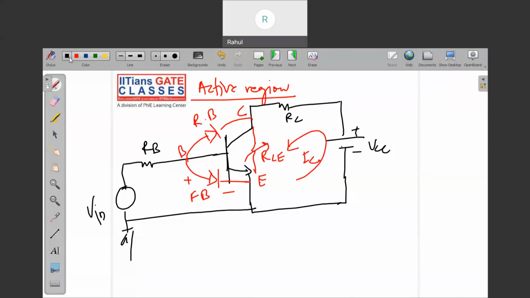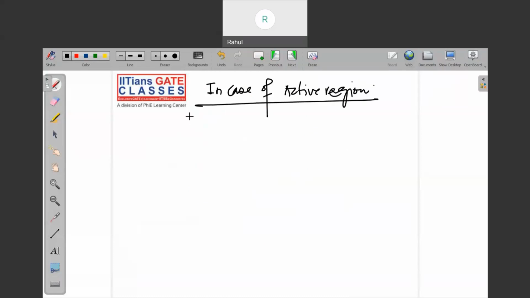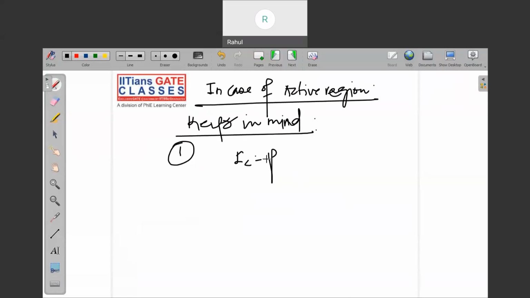In case of active region, you have to remember a few important equations to solve the numericals, okay. Number one, IC equal to beta IB.